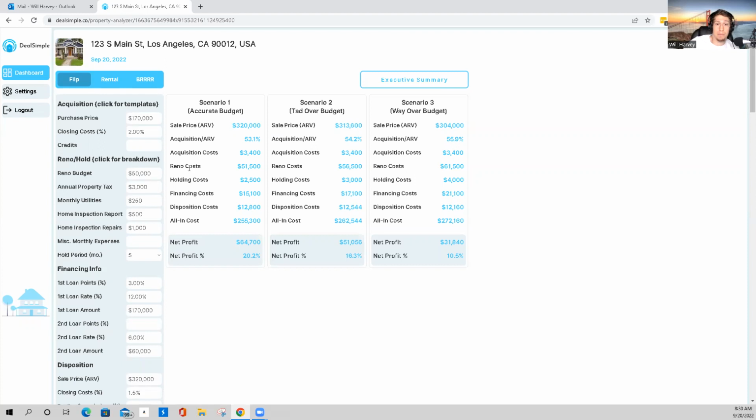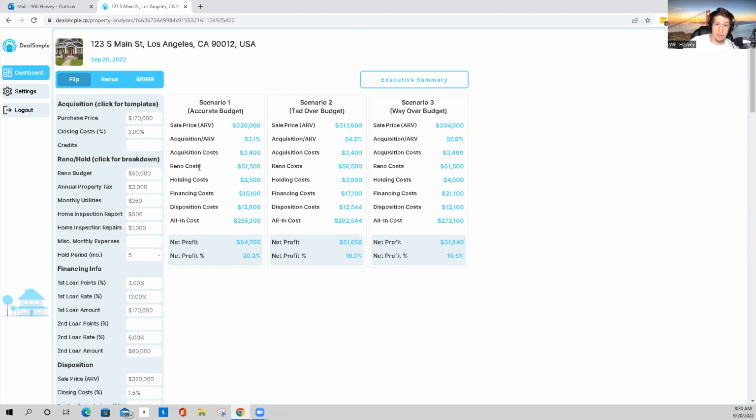So that's that. These are the acquisition costs, and it's really just the closing costs on the front end, everything that it takes to purchase the property, all the costs and fees, title company fees, title insurance, yada yada yada.